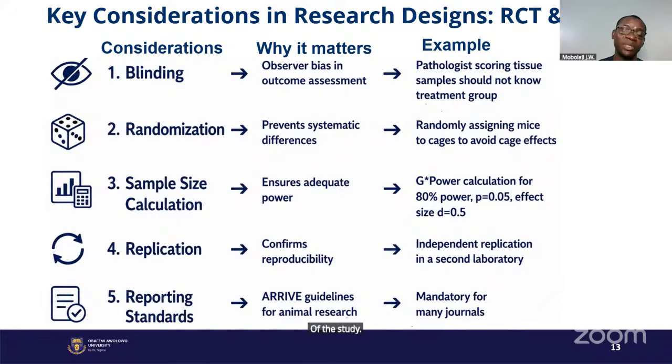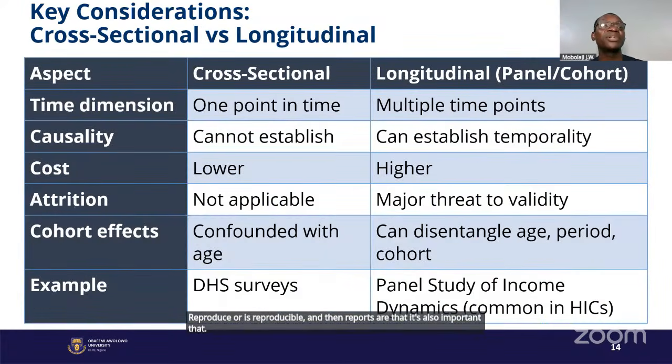Then replication is also important, to confirm the reproducibility of the study. We can do this replication in another laboratory or in another setting to be sure that it is reproducible. And then the reporting standard is also important that we take note of.